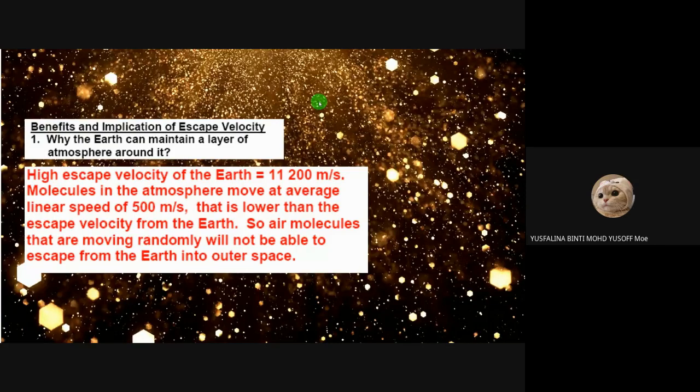The speed of the molecules moving around the atmosphere is only 500, while the escape velocity of the Earth is 11,000, so it's much lower. When it is lower, it cannot escape to outer space, right?